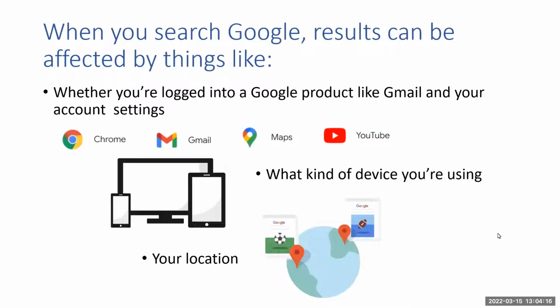So when you use Google, your results are going to be affected by lots of things. It's whether you're logged into a Google product like Chrome or Gmail, or even YouTube is a Google thing. It depends on what device you're using, and it depends on where you are. The example I saw was that you can search for football in the United States and you'll find American football, but if you search for football in Europe, you're going to find soccer, what we call soccer.